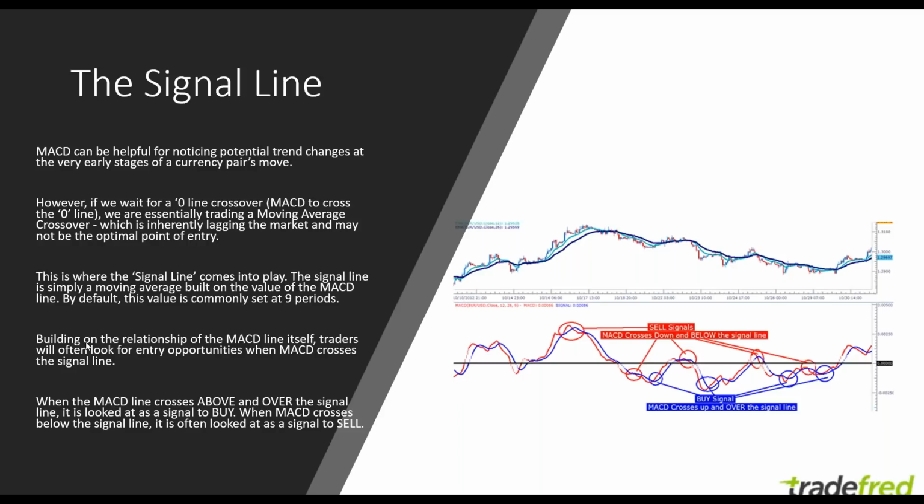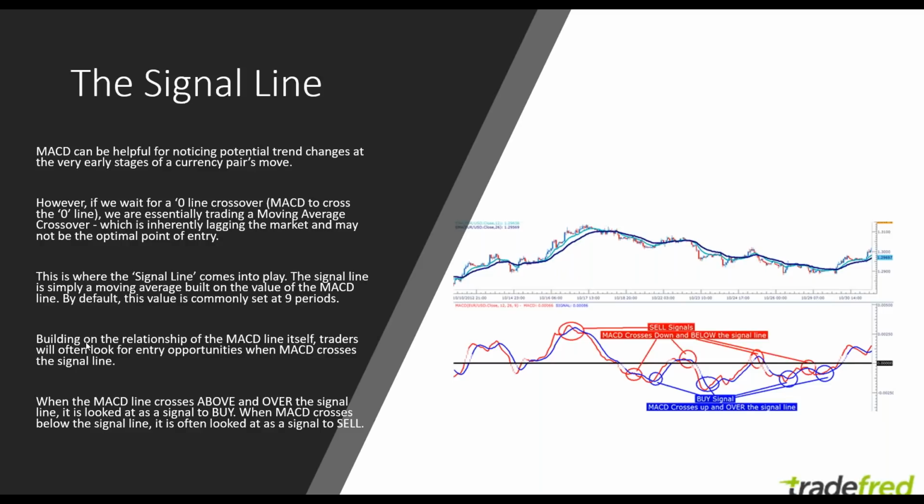So MACD may be helpful for noticing potential trend changes at the very early stage. However, if we wait for the zero line crossover, we are essentially trading a moving average crossover, which is inherently lagging. So this is where the signal line comes into play. The signal line is simply the moving average of the MACD line. Building on that relation to the MACD line itself, traders will often look for entry opportunities when MACD crosses the signal line.